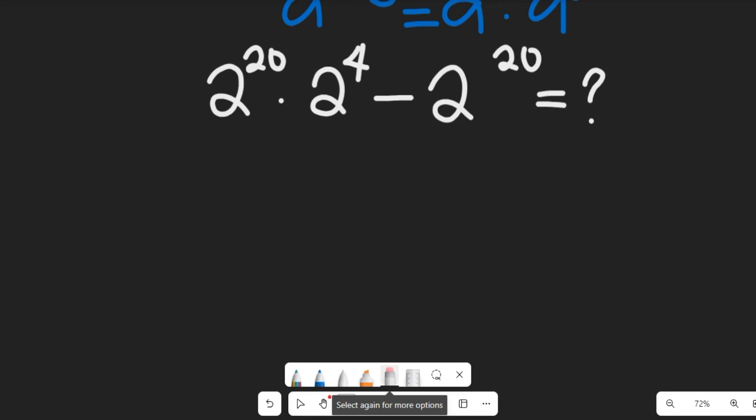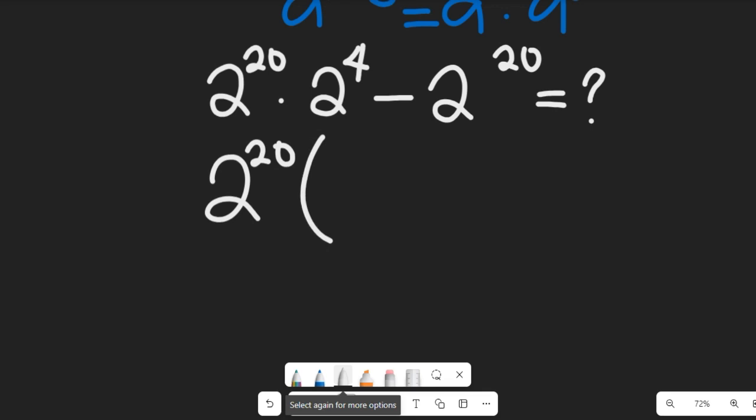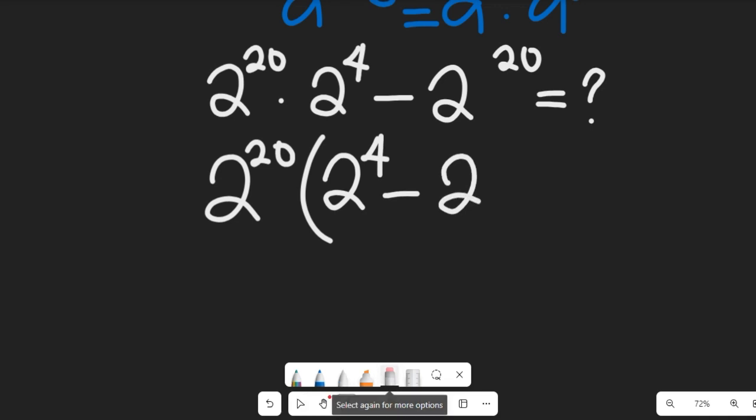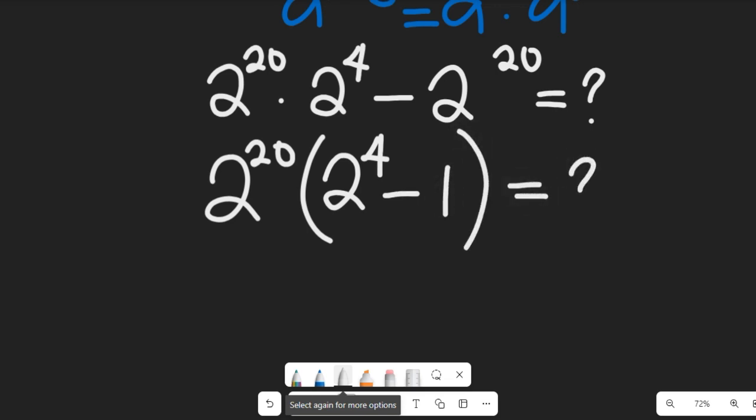So we'll have 2 to the power of 20 as common, multiplied by 2 to the power of 4, minus 1. The 2 to the power of 20 divided by 2 to the power of 20 gives us 1, right? And this will be equal to what?